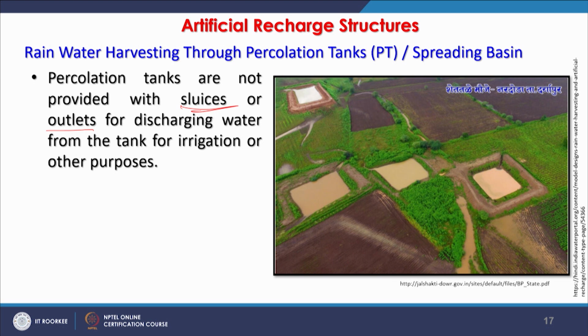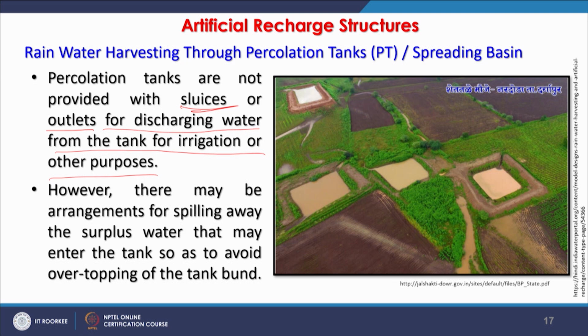These outlets are not for discharging water from the tank for irrigation or other purposes. There is no desilting, nothing, just a simple dug-out of a few meters of earth, with the soil put on the side, in such a manner that the surrounding water can enter the tank and stay there.